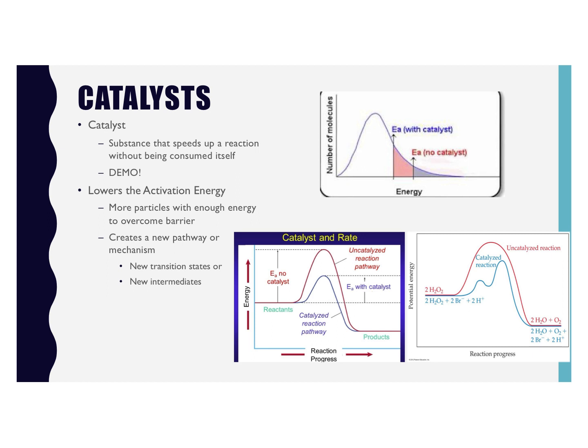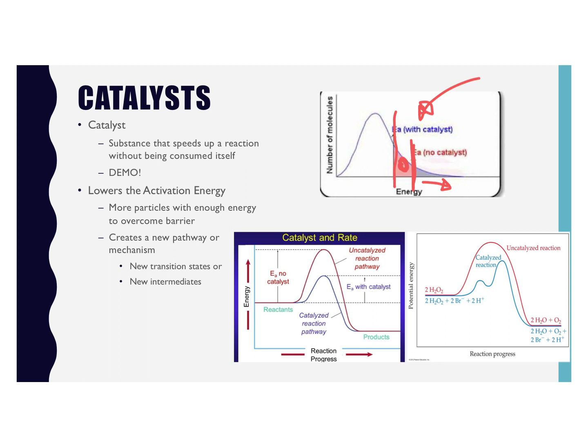So if we think about it in terms of a Maxwell-Boltzmann distribution, when you don't have a catalyst, you have to have particles with enough collision energy to be able to overcome the reaction barrier and react. If you do have a catalyst, that in some way lowers that activation energy, so you've got more particles at any one point in time or at a particular temperature where they can overcome the activation energy barrier.